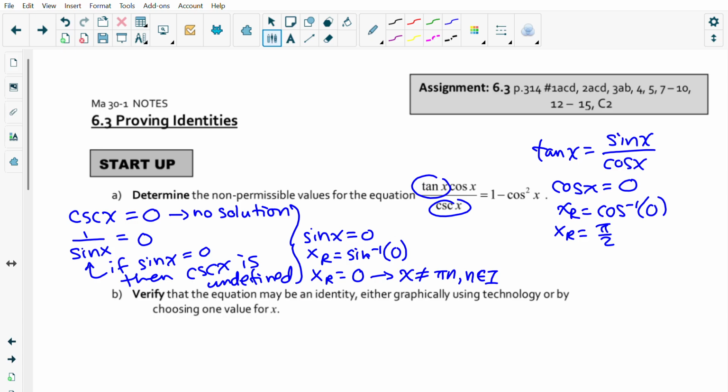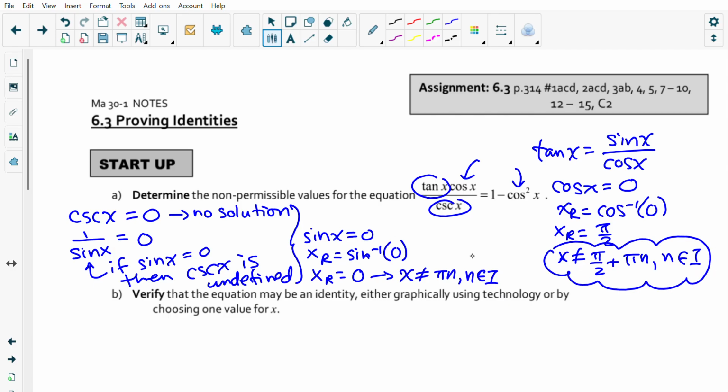So you keep adding pi units, so x cannot equal pi over 2 plus pi n units, and n is an element of all integers. This cosine, there's no restrictions. This cosine, there's no restrictions. So our two restrictions are right here. One of them is due to the cosecant, one of them is due to the tangent ratio.